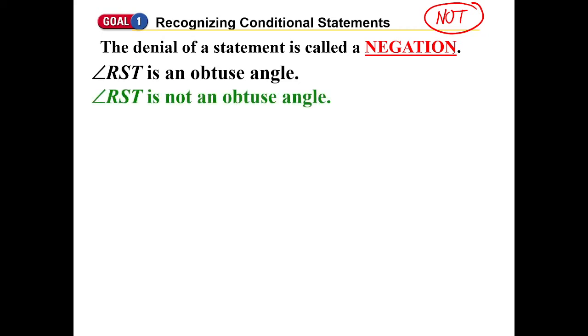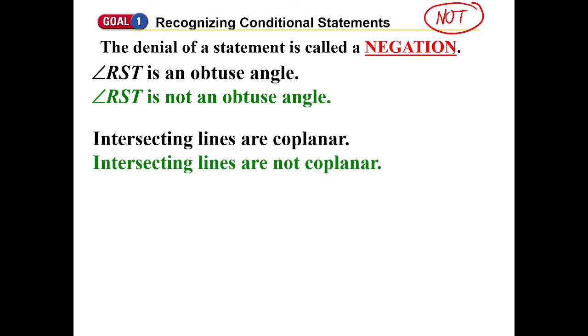Correct. Angle RST is not an obtuse angle. Let's have this one. Intersecting lines are coplanar. After the 'are'. So what will be your sentence now? Okay. Intersecting lines are not coplanar.